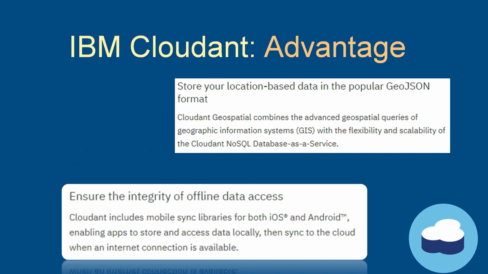For that reason, we need GIS, and GIS is put together with the GeoJSON format. We can store all the data related to maps in our cloud database. We can ensure the integrity of offline data access using synchronization with the cloud when an internet connection is available or not.